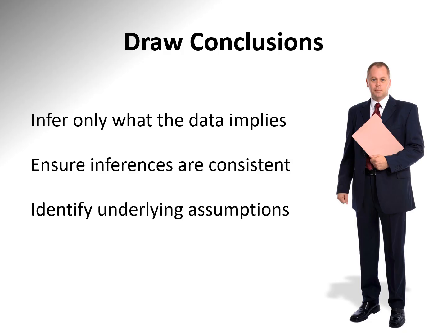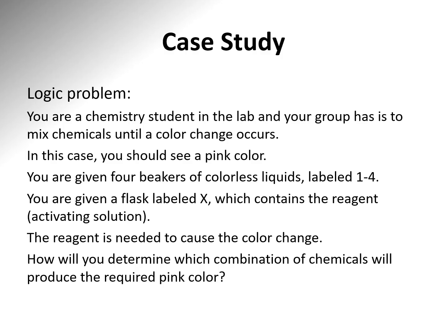In making inferences, the logical thinker should be certain, not draw more or less than what is implied. Instead, infer only what the data implies, and also check to ensure inferences are consistent and identify underlying assumptions.